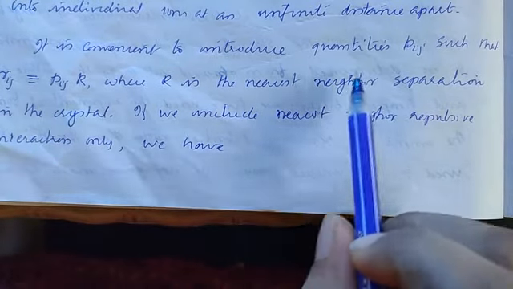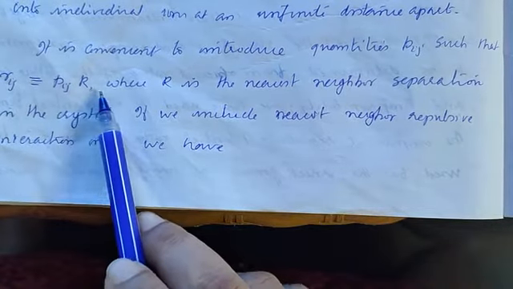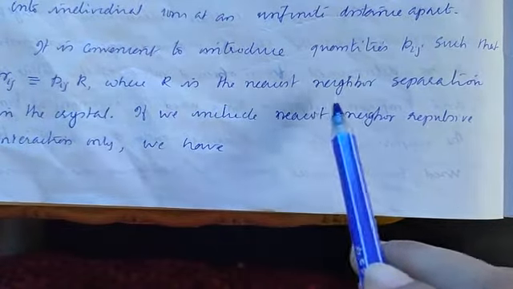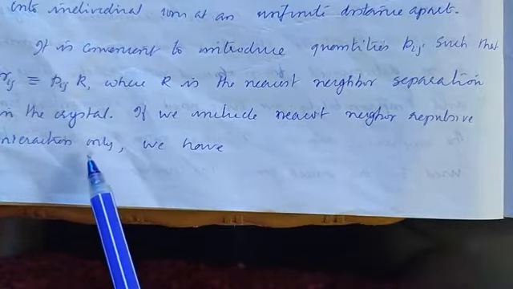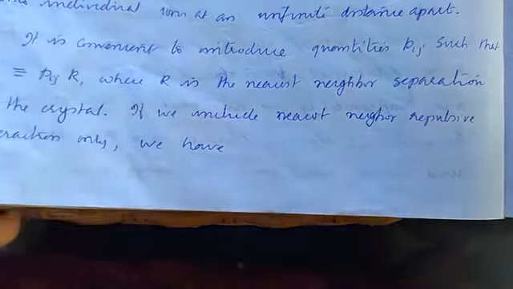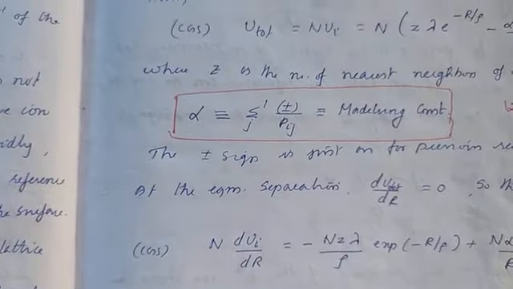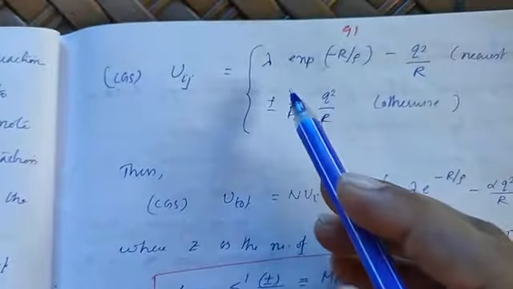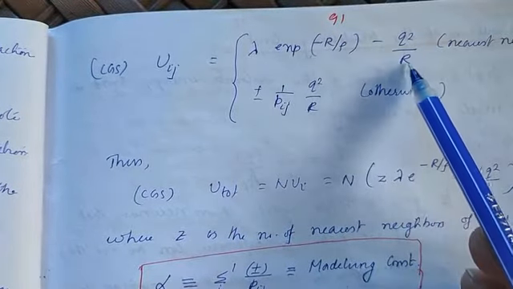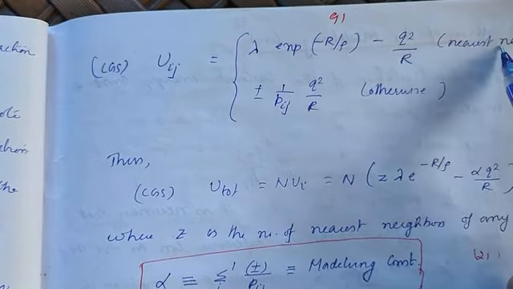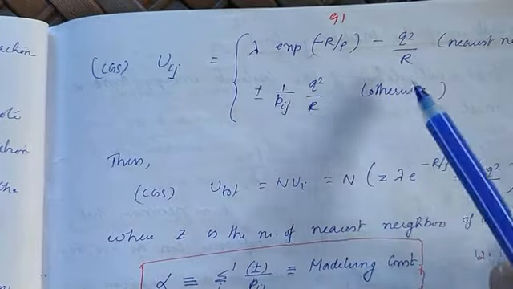It is convenient to introduce quantities Pij such that Rij is equal to Pij into R, where R is the nearest neighbor separation in the crystal. If we include nearest neighbor repulsive interaction only, we have Uij equal to lambda exponential of minus R by rho minus Q square by R for nearest neighbors, and plus or minus 1 by Pij Q square by R otherwise.